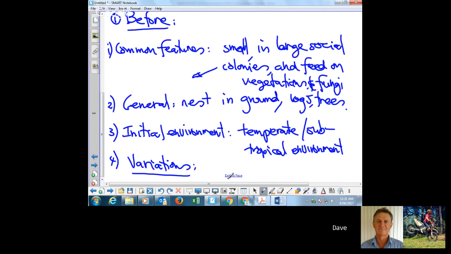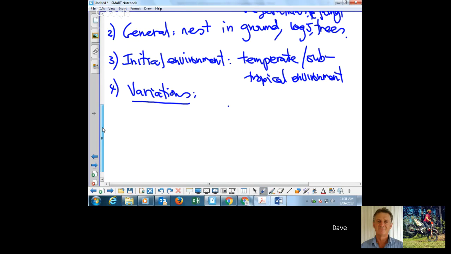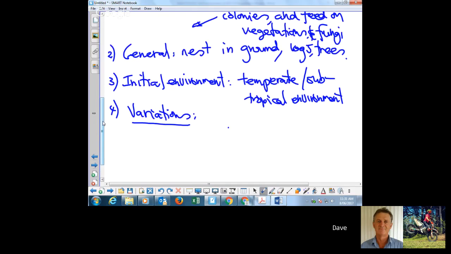Well, one of the variations we've listed is that they have the ability to build their nests in various places. We've already mentioned in the ground, in logs, in trees. So let's now make a change in the environment.